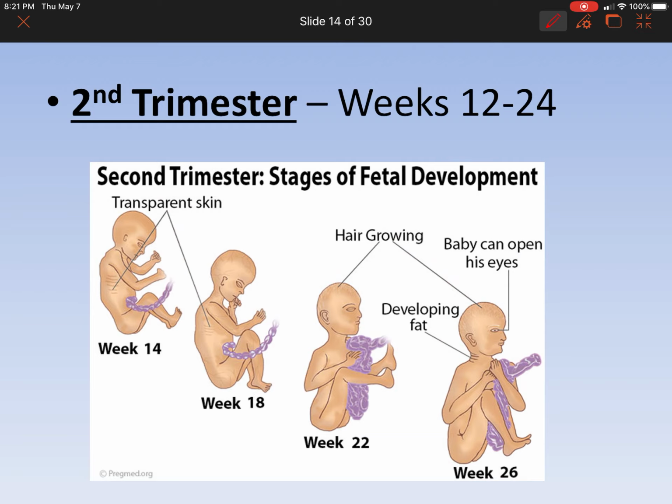Second trimester, weeks 12 to 24. In this part, your skin is see-through, so you can actually see through your skin. Hair will start growing, and you start to get a little fat on your body. And by the end of this trimester, the baby can actually open their eyes too.